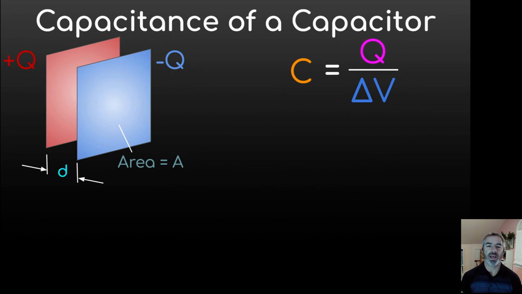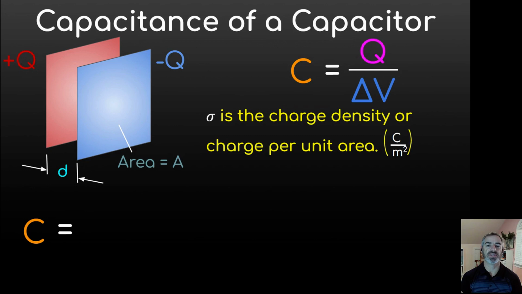Now, looking at capacitance a little bit further, if we define sigma as the charge density, or charge per unit area, coulombs per meter squared, that just means how much charge we have in coulombs for every square meter of area. So we can calculate the charge by multiplying the charge density by the area, where the meter squared would cancel out, leaving us with coulombs.